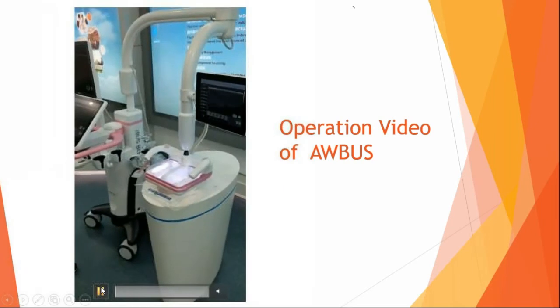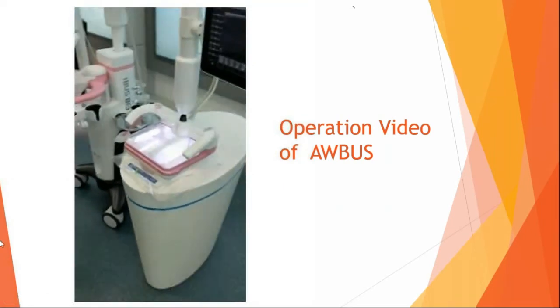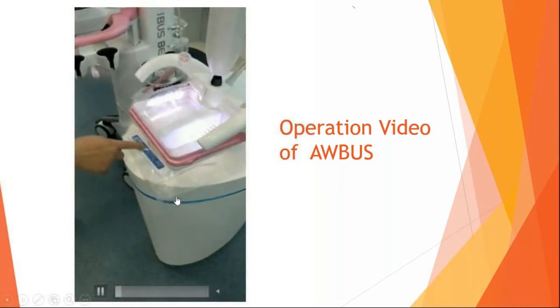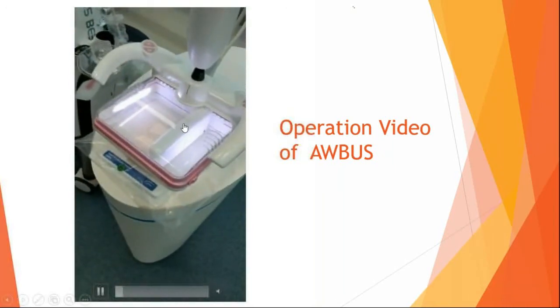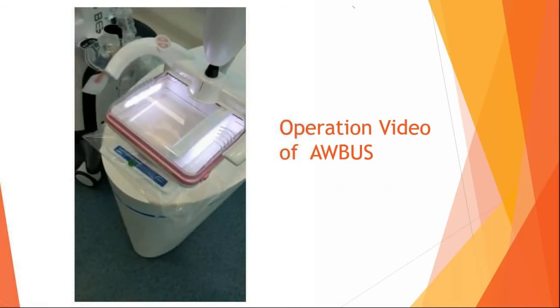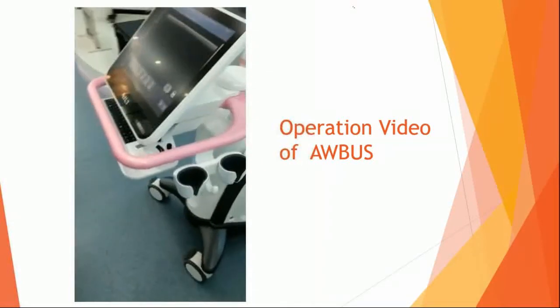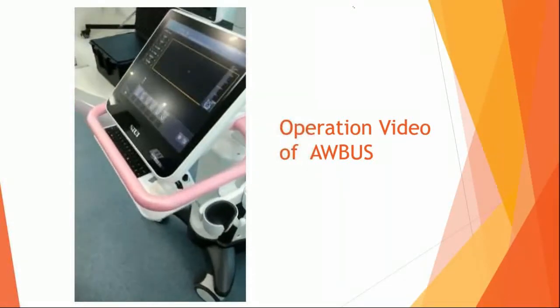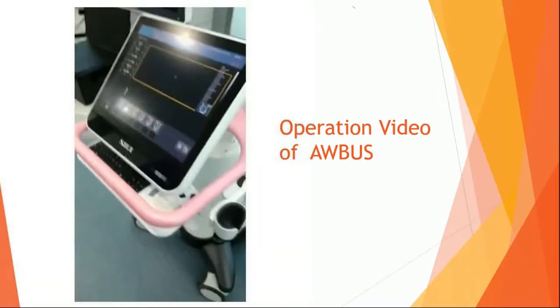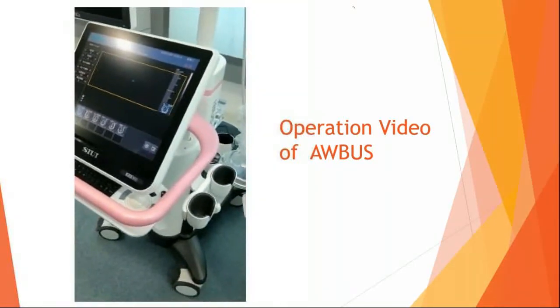Can you see the video being played? Okay. So this is different from your normal ultrasound because the transducer, without any help of a physician or any person, moves on top of your breast and gives you the scans, which means the transducer gives you scans along the X-axis and along the D-axis.